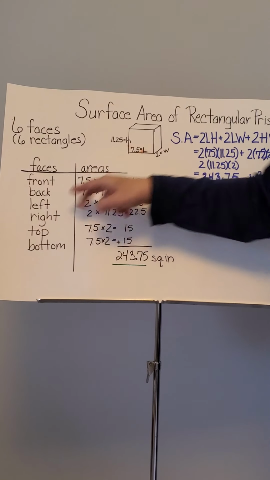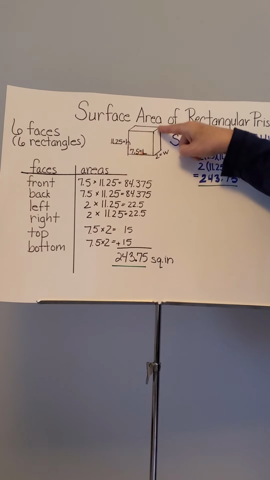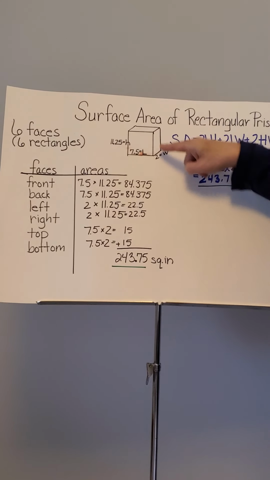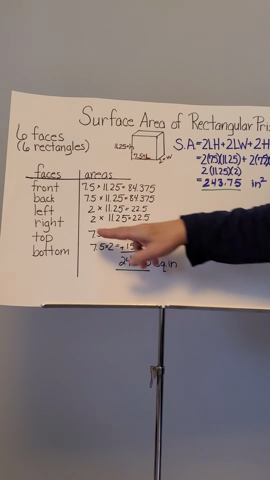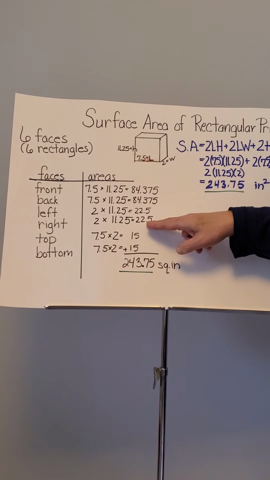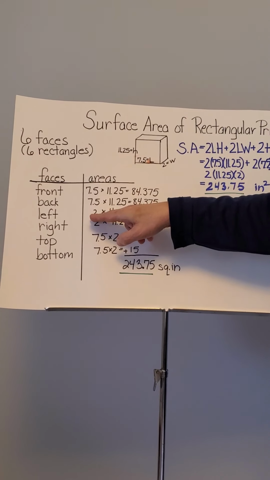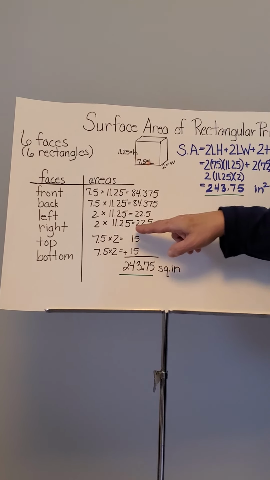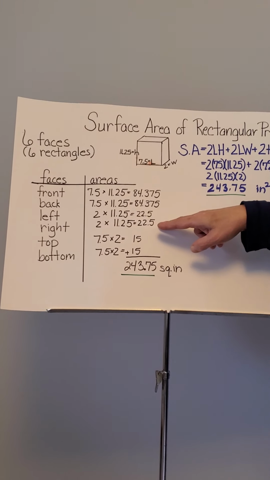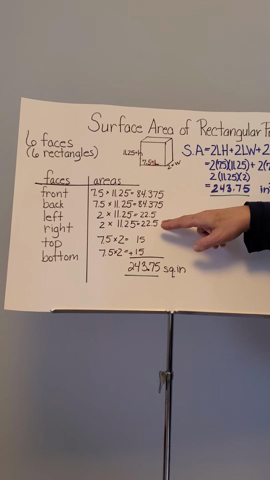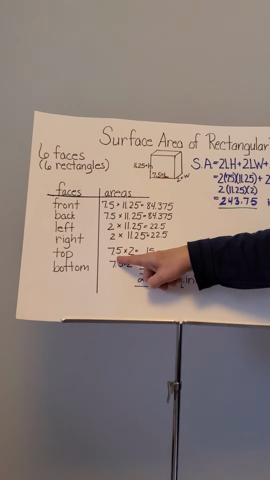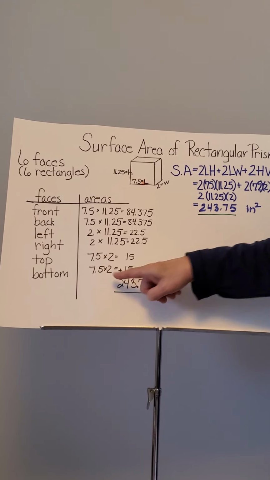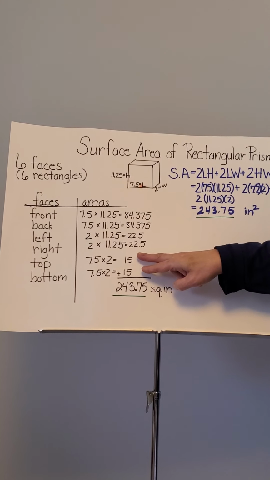Now the left and the right are those little parts right here for the cereal box. That left is 2 by 11.25 high, and it matches the right side of the box. Mathematically, base times height, 22.5 square inches here for the left and the right side. The top is 7.5 by 2, and it matches the bottom, which is 15 square inches each.